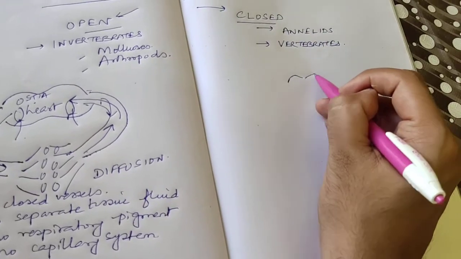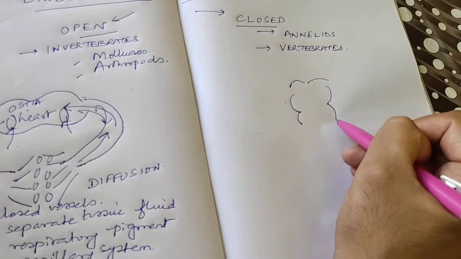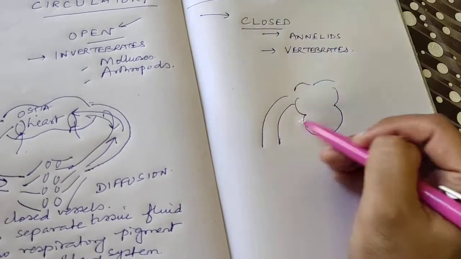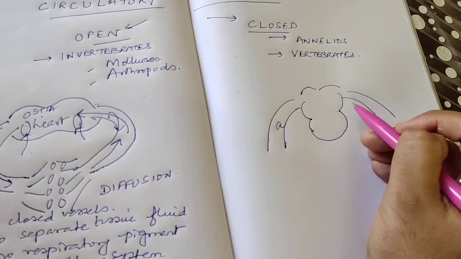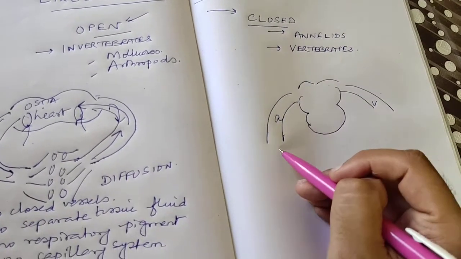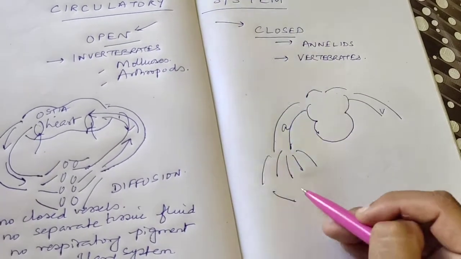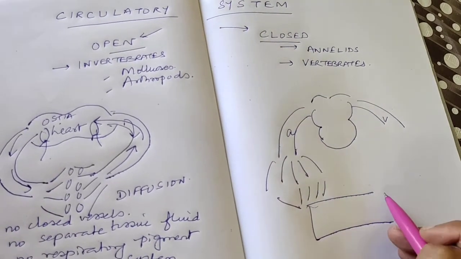In the vertebrates, the heart usually gives rise to arteries and veins, which in turn form capillaries before passing on to end organs.